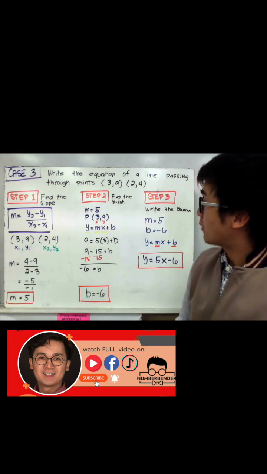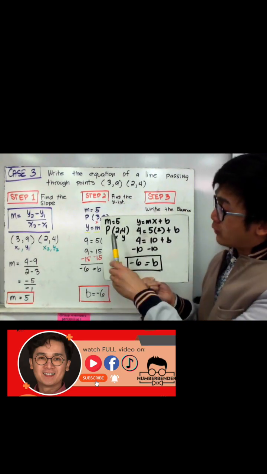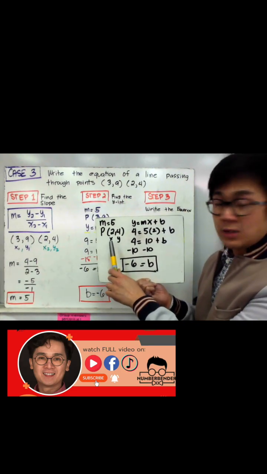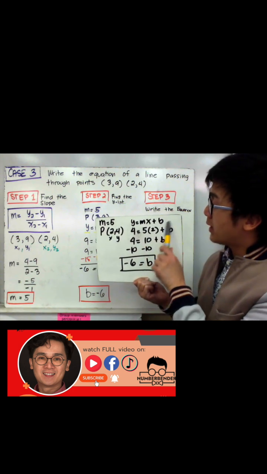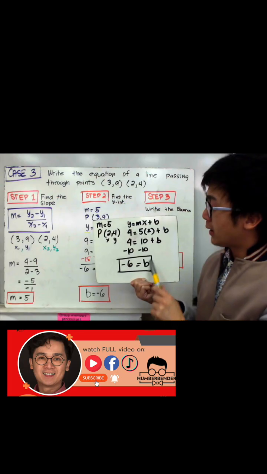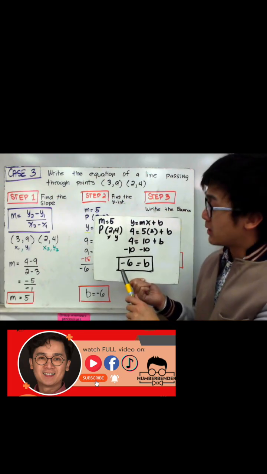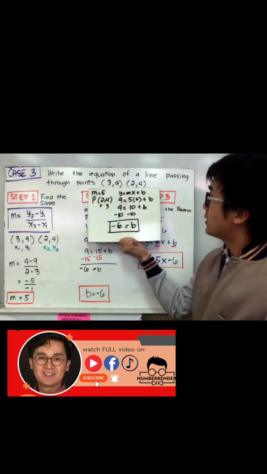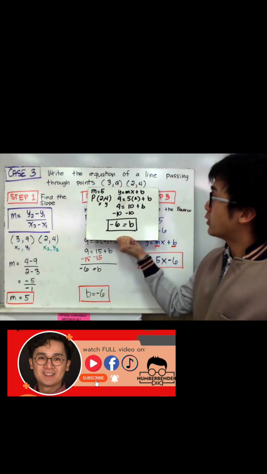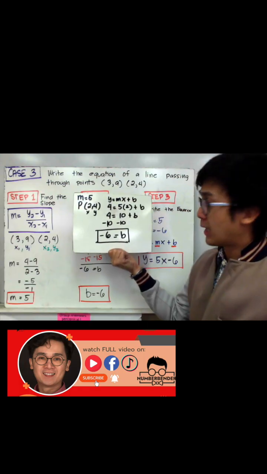Here I used (2, 4) as my point for y equals mx plus b in finding the y-intercept, and by direct substitution and solving for b, I found out that my b is still equal to negative 6. So it doesn't really matter which point you use, (3, 9) or (2, 4), you will still get the same y-intercept using the same formula.